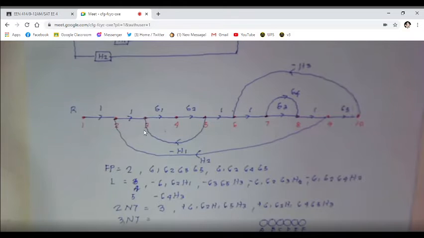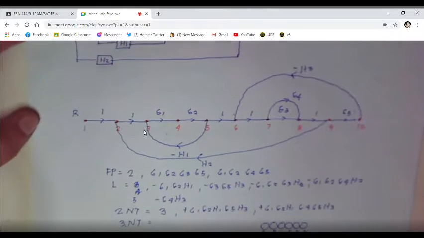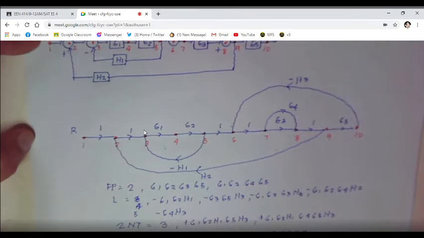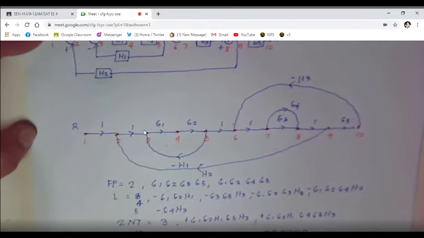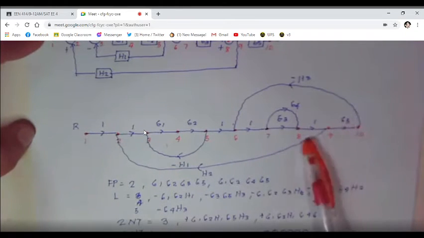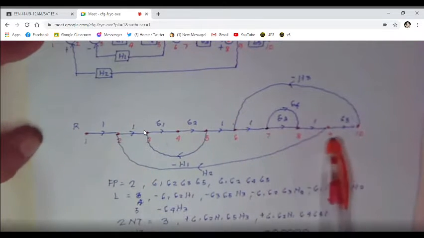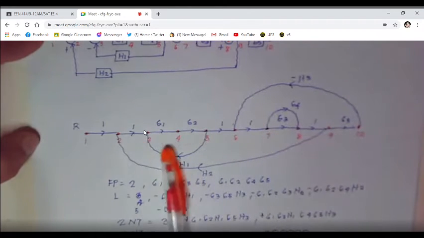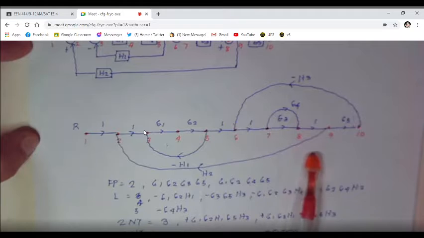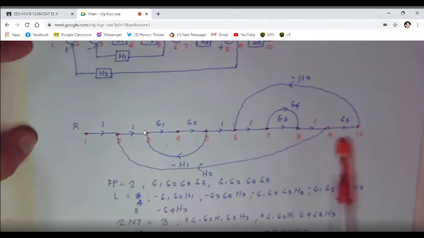Opo. Okay. So, pag-aralan nyo to, okay? Kasi halimbawa sa quiz, o dun sa final exam nyo, halimbawa, naibigay na ito. Siyempre, itatanong doon, how many non-touching loops are there? How many 3 non-touching loops? So, tingnan nyo. Okay? Ano ba yung touching dyan sa non-touching? Ilan ba ang forward path?